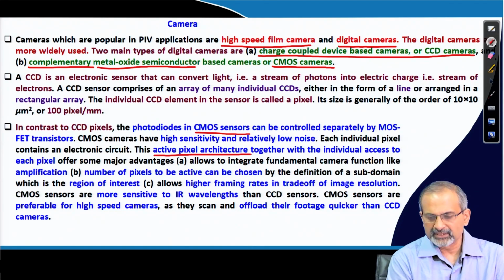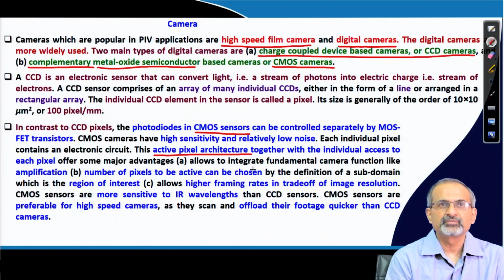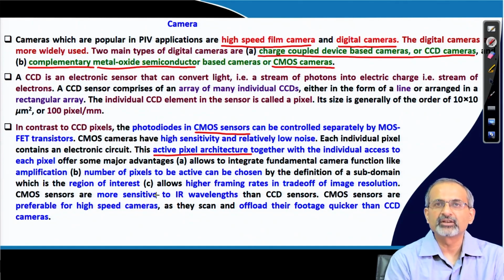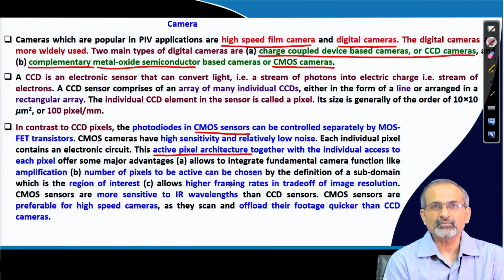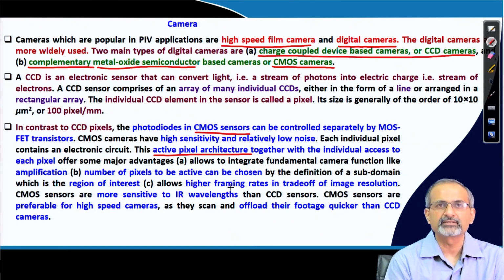The active pixel architecture which is used gives individual access to each one of the pixels, and this could be a very big advantage in the sense that you can integrate some fundamental camera functionalities like amplification, controlling the number of pixels to be active based on the region of interest, or allowing higher frame rates in trade off with image resolution, etc. Also in the IR wavelengths they are more sensitive.